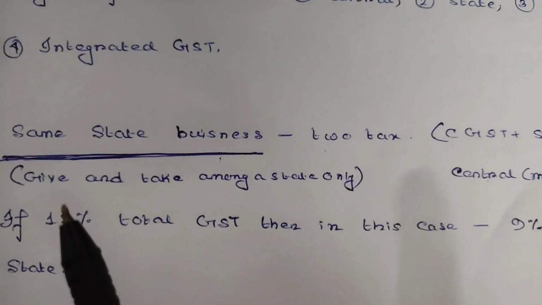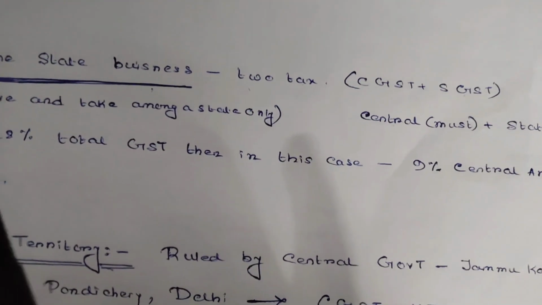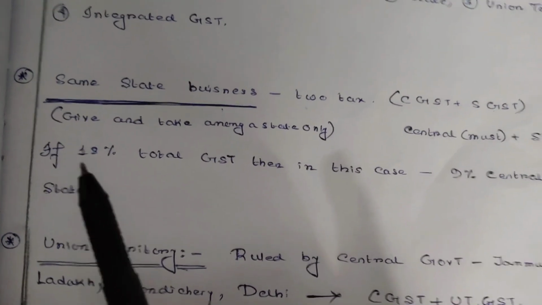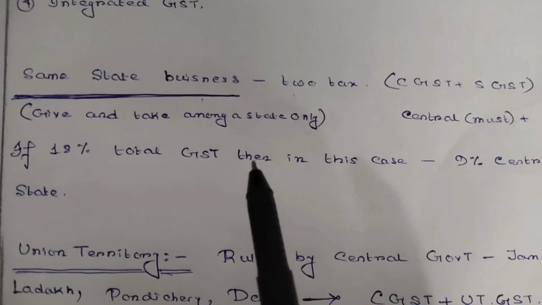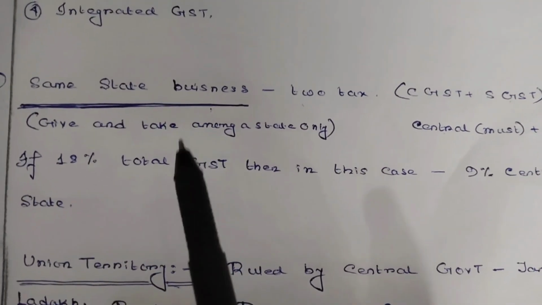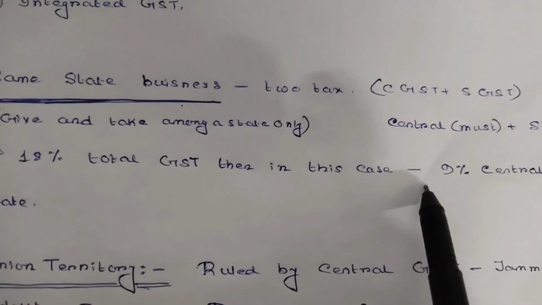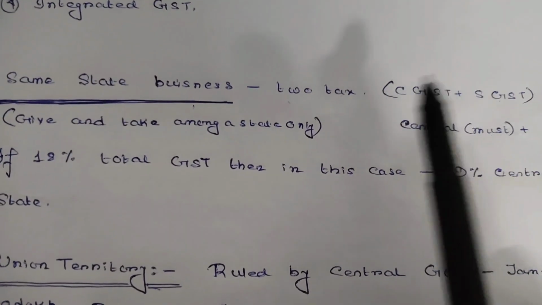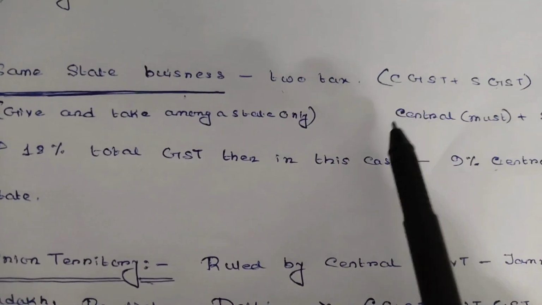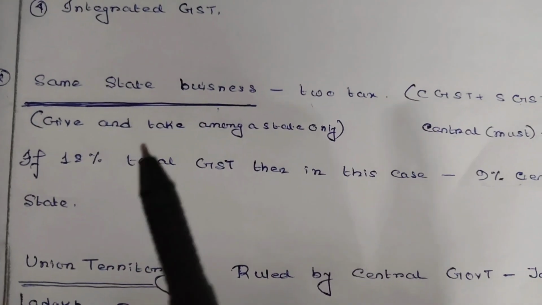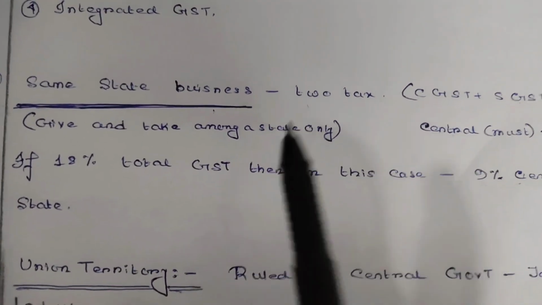Okay. Now, if we take an example, like suppose 18% is total GST of a particular state, then 9% will be for central, and that is must, and the rest 9% will be for the state. Okay. So this is state GST.